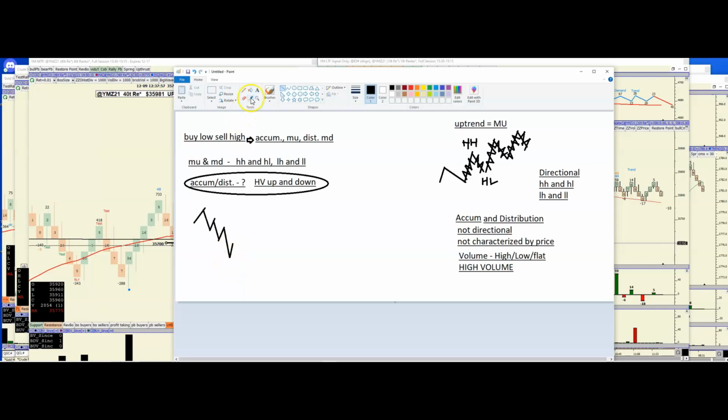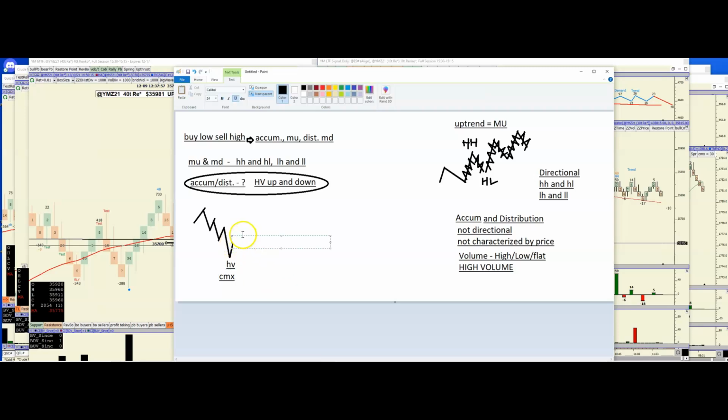Let's say right here, you have high volume. All right, high volume down in accumulation. So first I'll cover accumulation: this is your climax. High volume up is your sign of strength or your change of behavior.